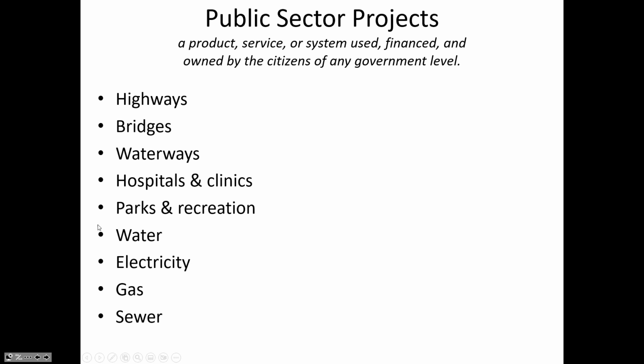All of these projects can be owned at the level of the government. Sometimes they'll be owned privately by big entities, but these kinds of projects typically take a very long time to pay off their upfront initial costs of construction. So there are, for example, private water companies.